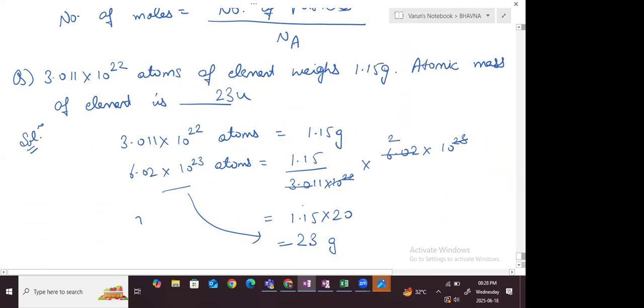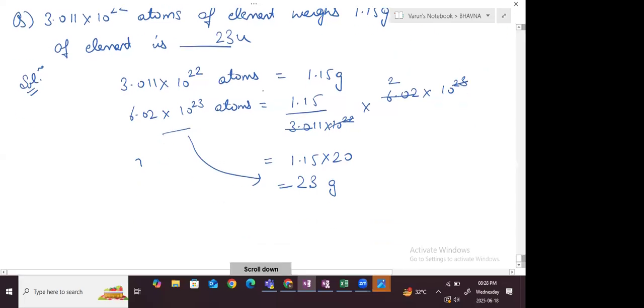But as I have to represent atomic mass, I use the number with the unit U. Concept clear or getting confused? Just try to do more and more questions, because the more practice you do, the clearer the concept will be.